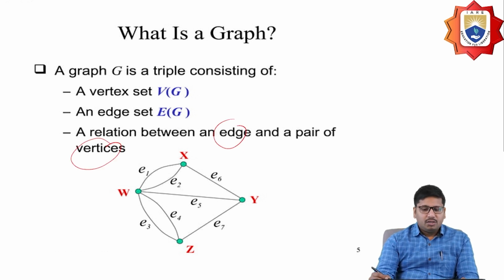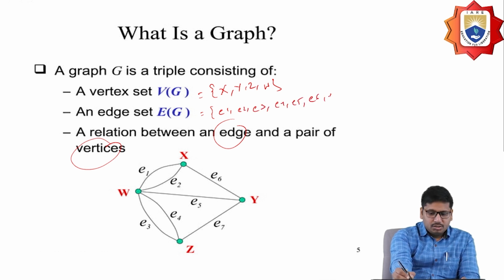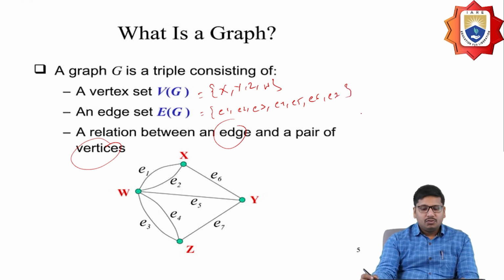Here the vertex set is X, Y, Z and W, and the edge set is E1, E2, E3, E4, E5, E6, E7. The relationship between two vertices is represented through the edge between them.